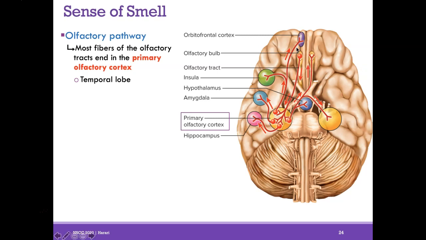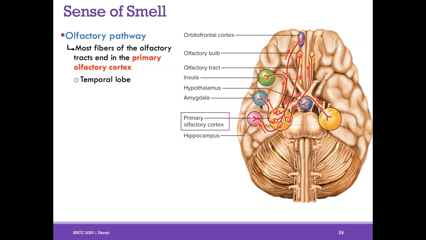In addition to the orbitofrontal cortex and the insula, the primary olfactory cortex also sends messages to the limbic system, like the amygdala and hypothalamus. Right? And this is where some of the scents we are exposed to evoke emotional responses.